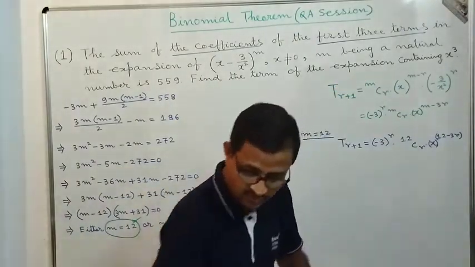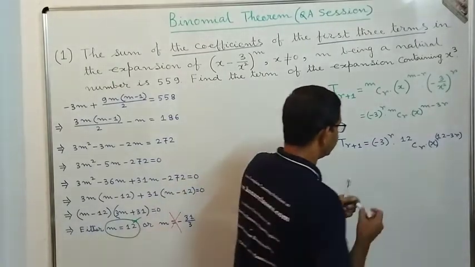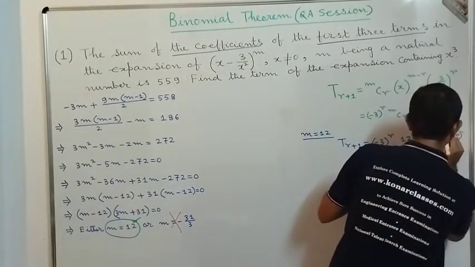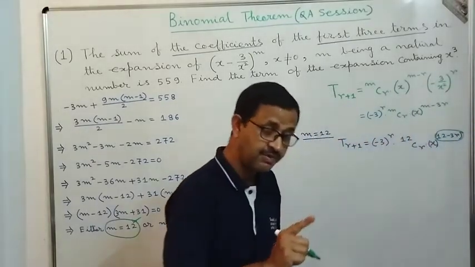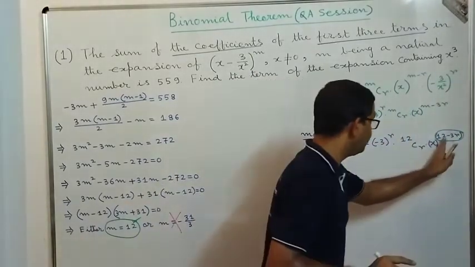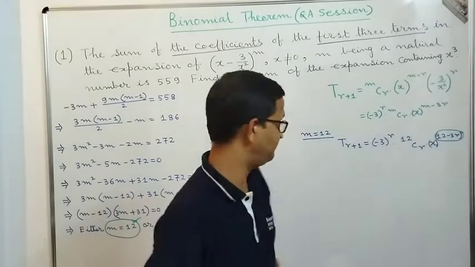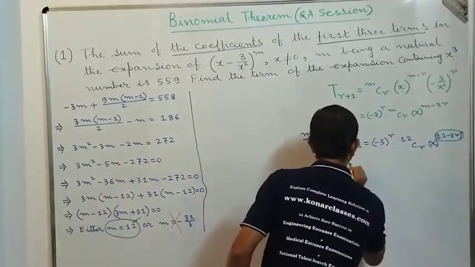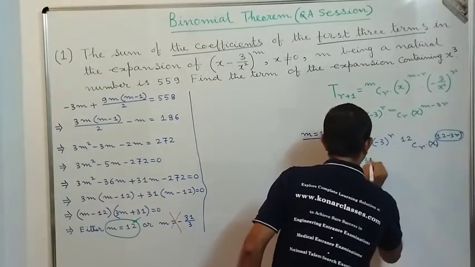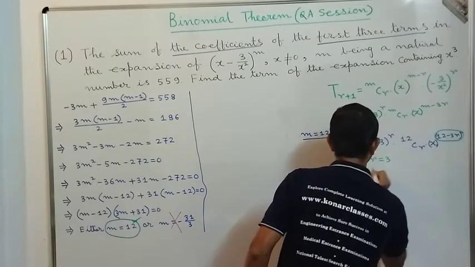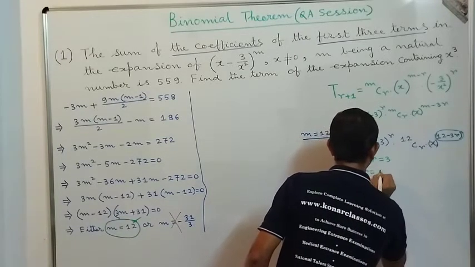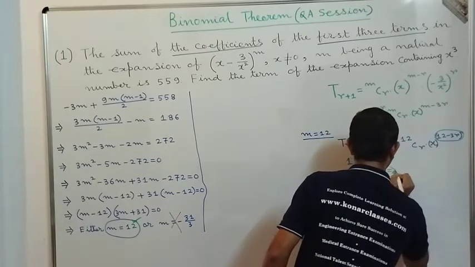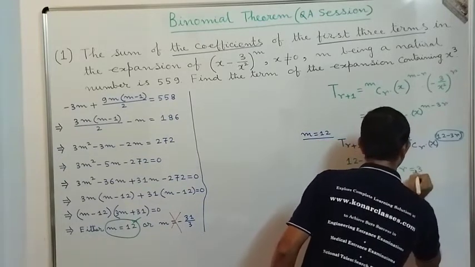That means this power has to be 3. So 12 minus 3r has to be 3, that gives 3r is equal to 9. So that implies r is equal to 3.